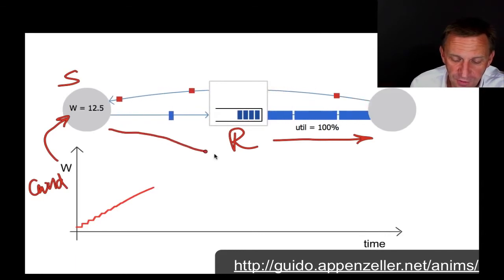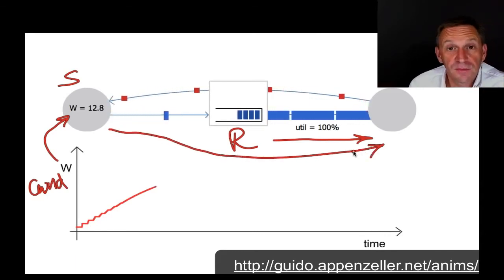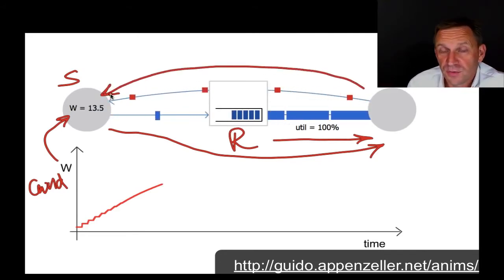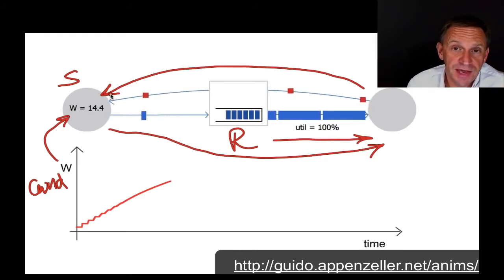So packets are going to flow from the source to the destination. They're the blue ones. And then for each packet, there is an acknowledgement coming back to the source. That's what the red ones are at the top. And you can see that the arrival of the acknowledgements is clocking the transmission of the next packet.